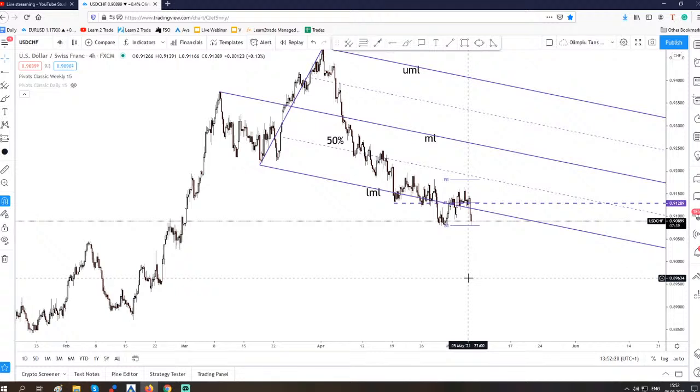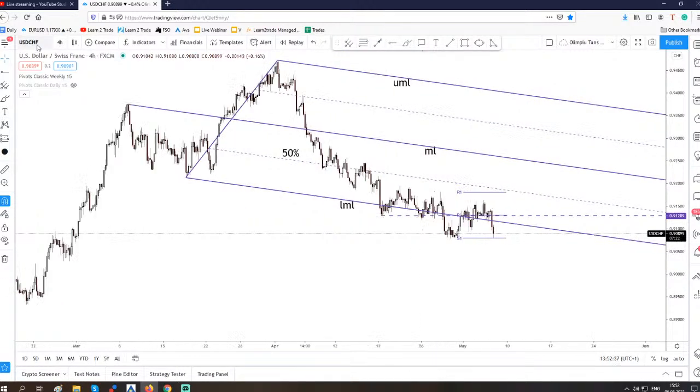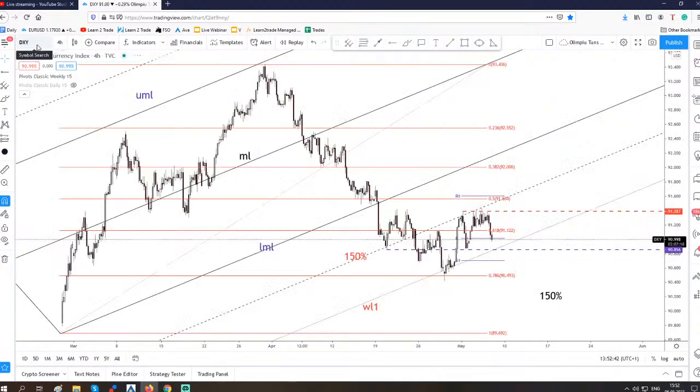The US has published its unemployment claims. Yeah, better than expected data reported by the unemployment claims, but still the US dollar is bearish, as the DXY is bearish as well in the short term.